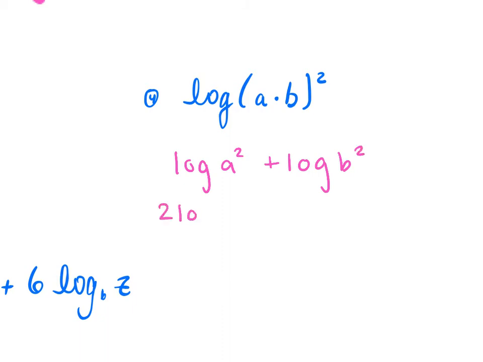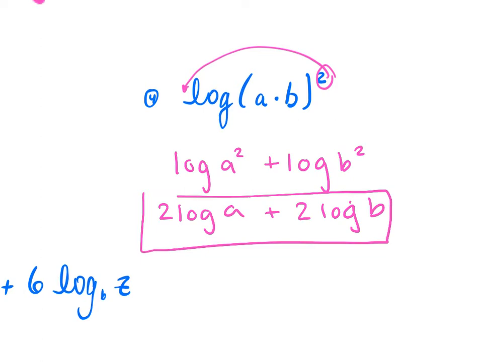So 2 log of A plus 2 log of B. If you wanted to just move the 2 from the start in the beginning and then just know when you break it up into addition that 2 goes to both of the logs, you can do that. So then this is our answer for number 4.